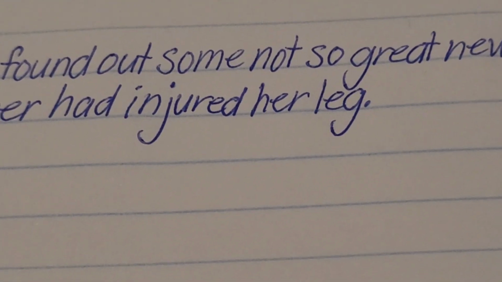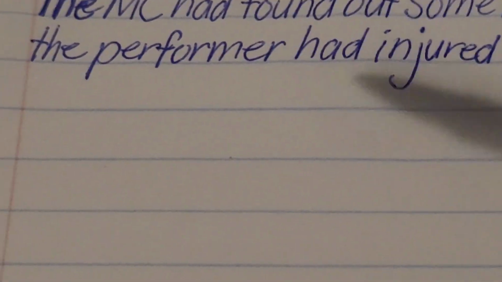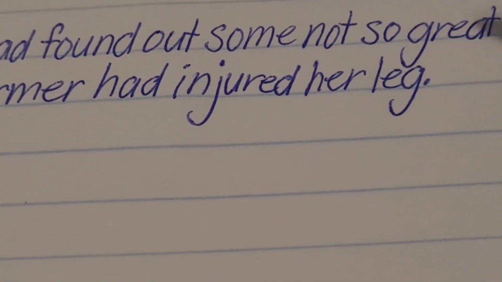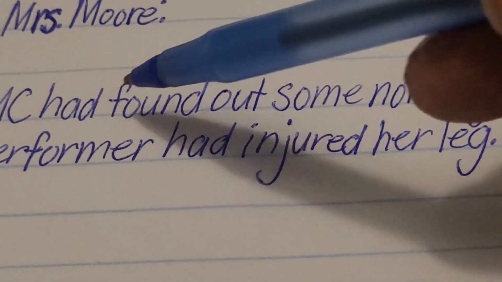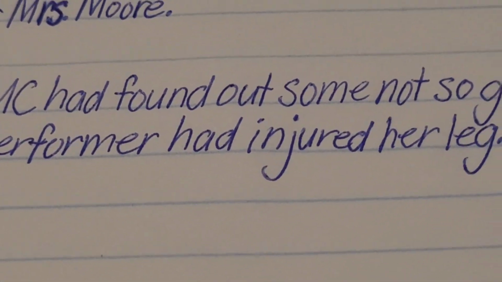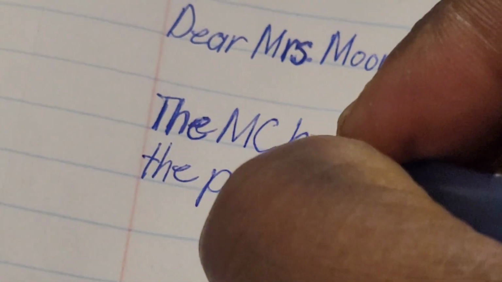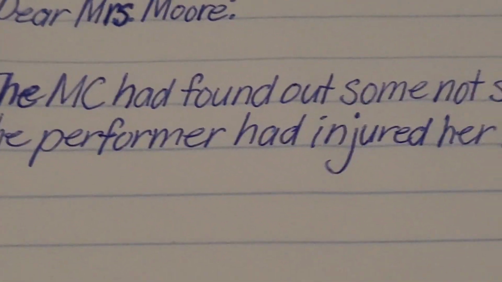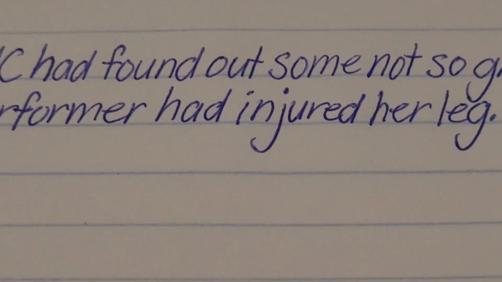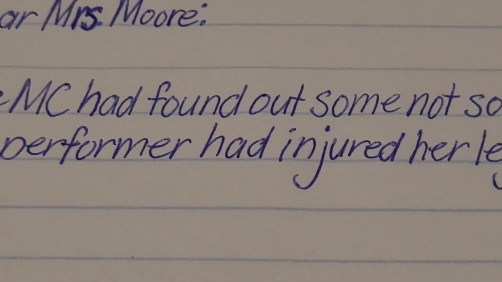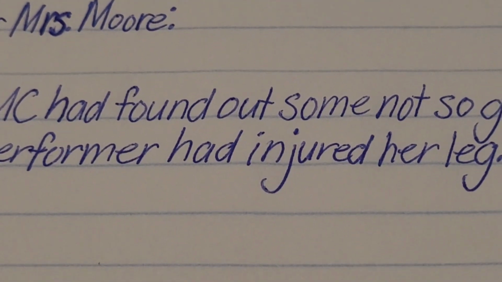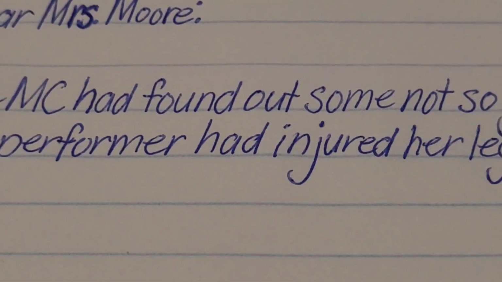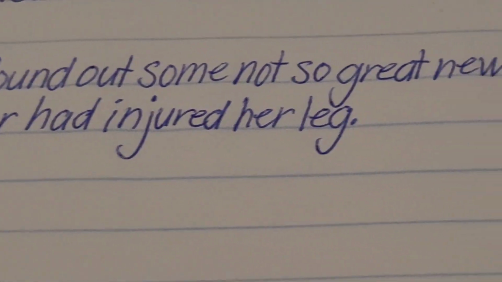If I were to write just this one sentence, hypothetically, without adding that the performer had injured her leg, that would have been what you call an independent clause, because it would have been a complete sentence that stands on its own right then and there, without needing a second statement to complete it.